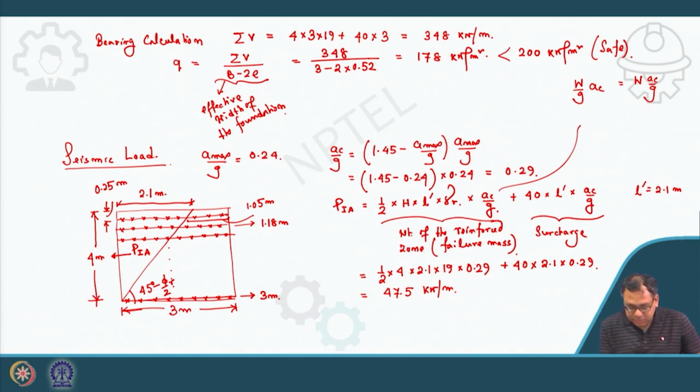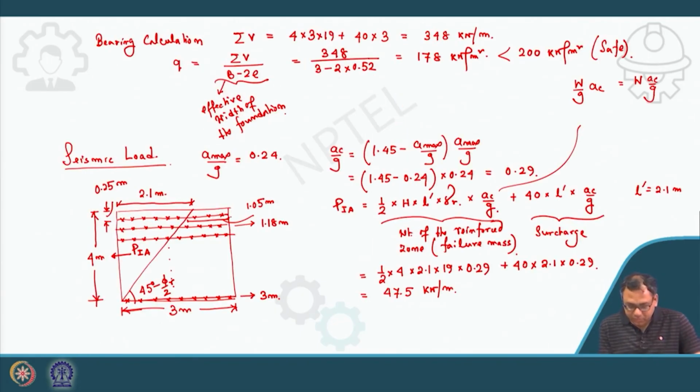So now the proportionate area, what is your LE dash? LE dash means this extra zone. Resistance area will be the area beyond the failure surface. So this is my failure surface. So this one I have to consider for all 16 cases.